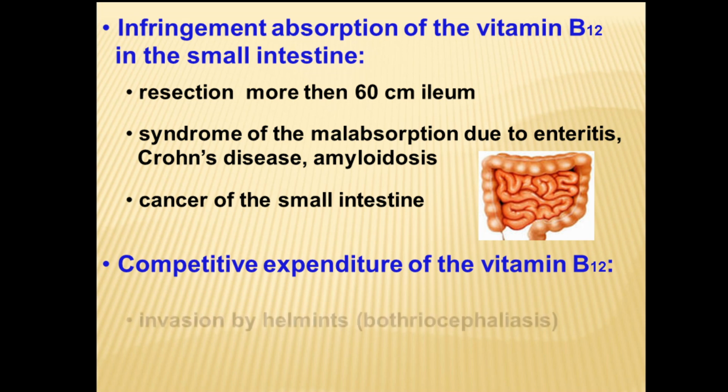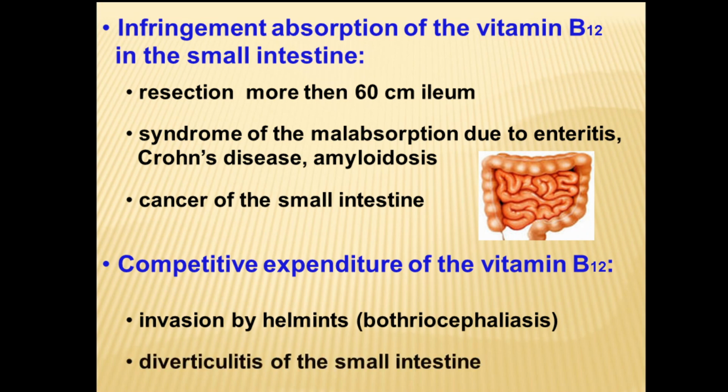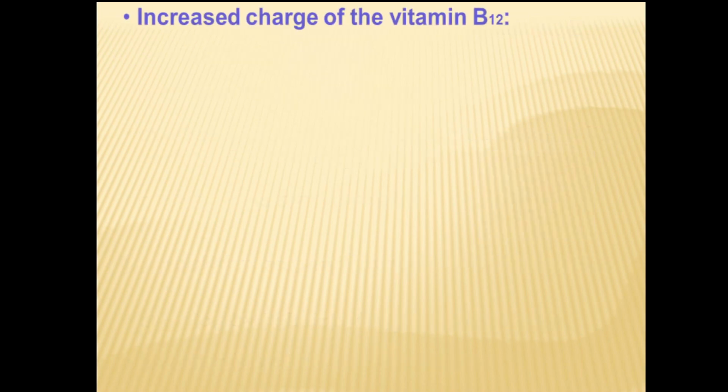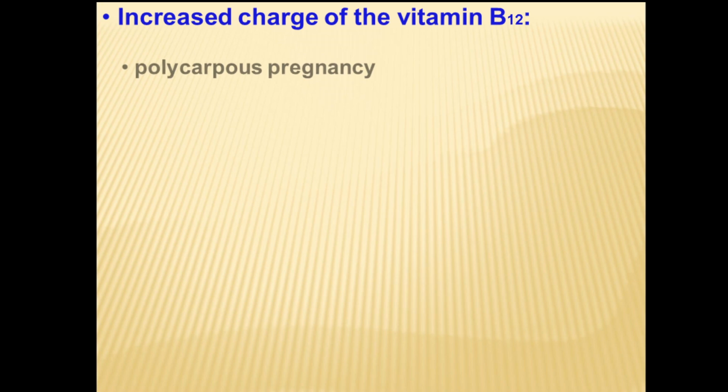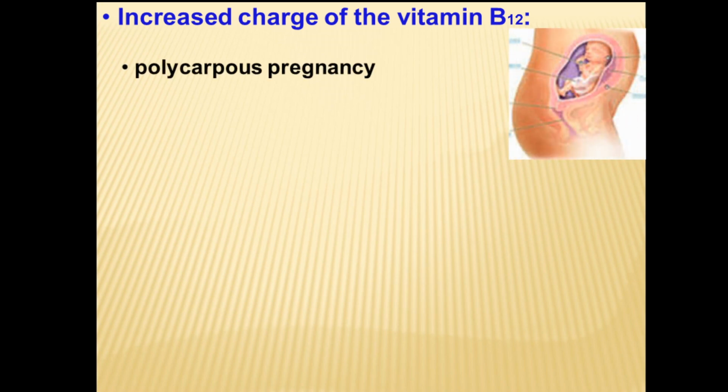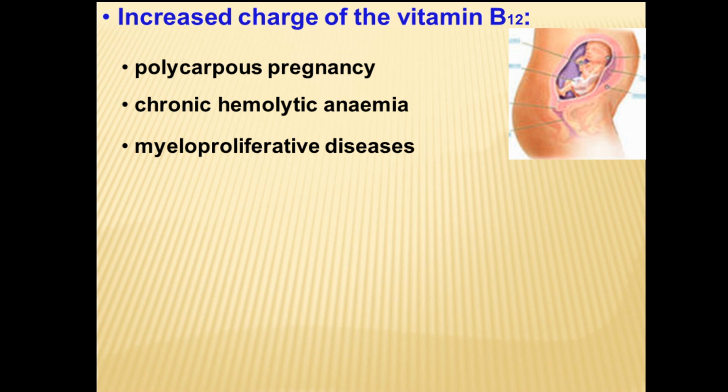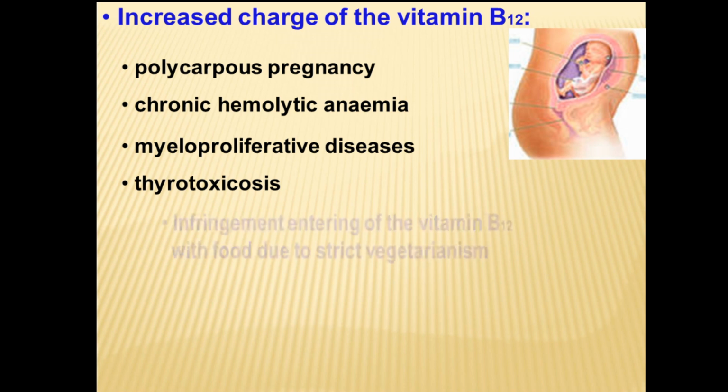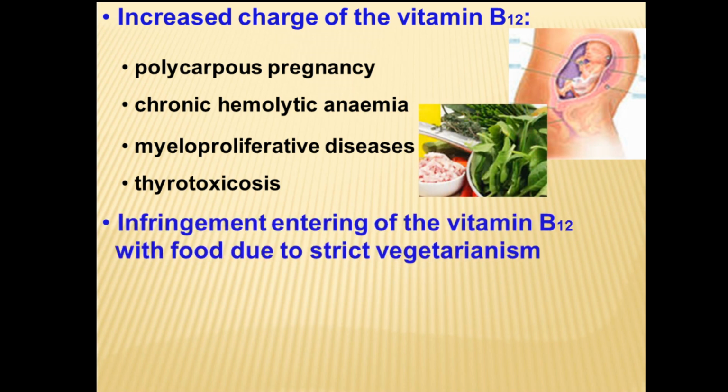Competitive expenditure of vitamin B12 is first of all due to invasion by helminths, Botriocephalus, and formation of diverticula in the small intestine. We must remember increased consumption of vitamin B12 in pregnant women, especially with multiple pregnancy. Patients with chronic hemolytic anemia and myeloproliferative diseases are predisposed to secondary B12 deficiency anemia, and pathology of the thyroid gland, thyrotoxicosis, is accompanied by secondary B12 deficiency anemia.